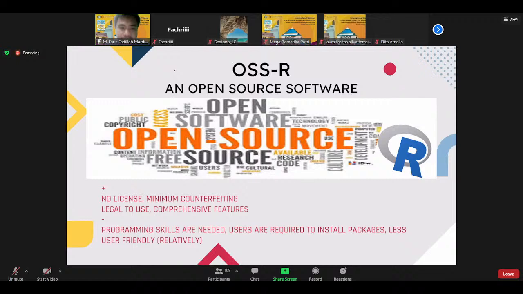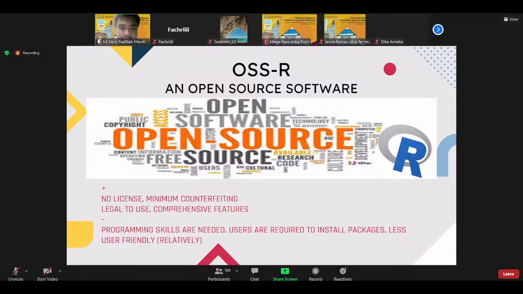But the weakness, I think, based on the researcher, is programming skill. Programming skill is needed. Users are required to install packages, and it is less user friendly.